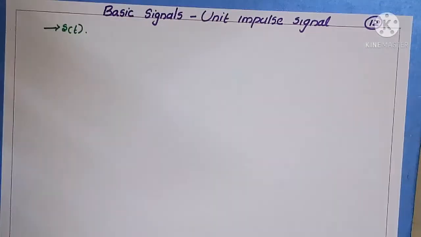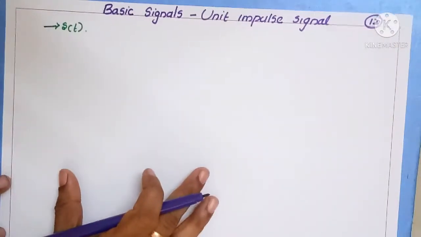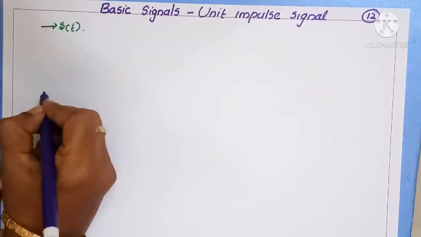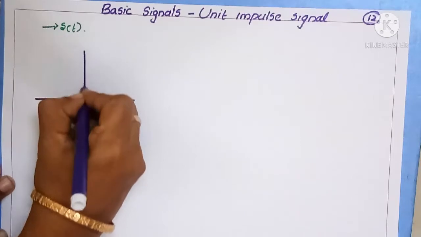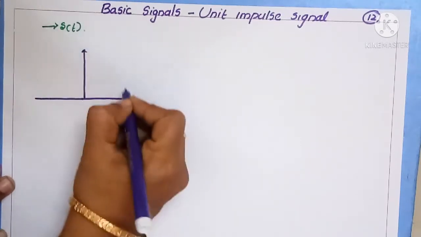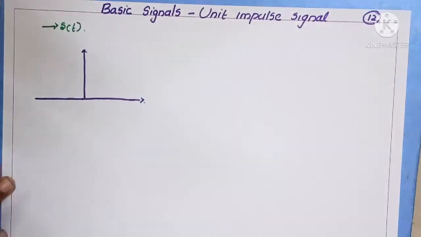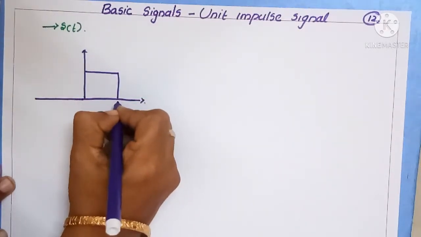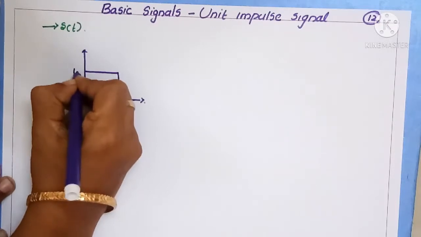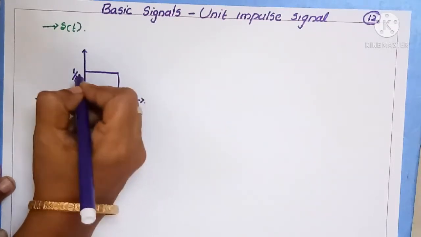To define a unit impulse signal, first we consider a rectangular pulse of width delta and height 1 by delta. Here is our time axis, and we can draw a rectangular pulse of width delta and height 1 by delta.